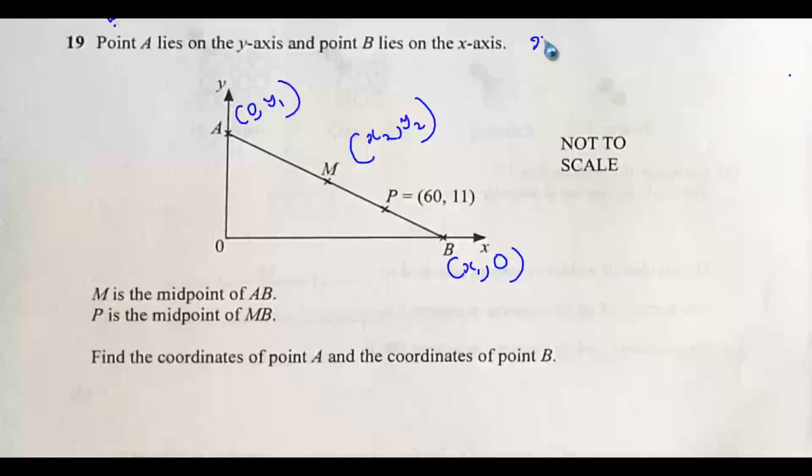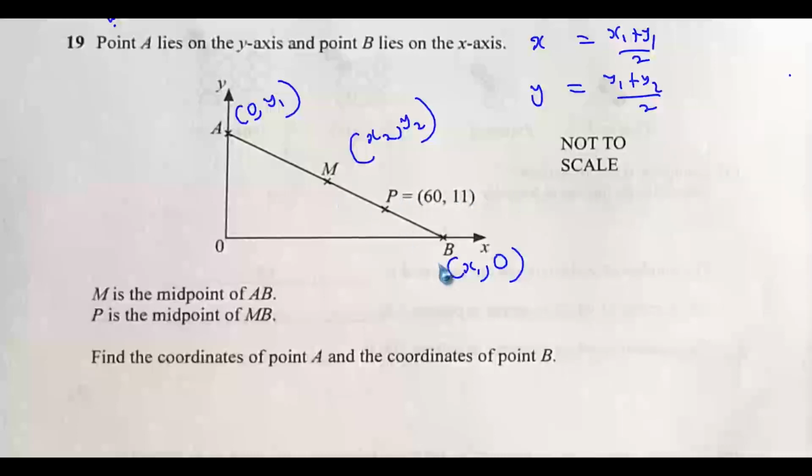Let's make it general first. It will be equal to x1 plus x2 over 2. That will give you the x coordinate of the midpoint. And for the y coordinate of the midpoint, it will be y1 plus y2 over 2. So this is the general formula.